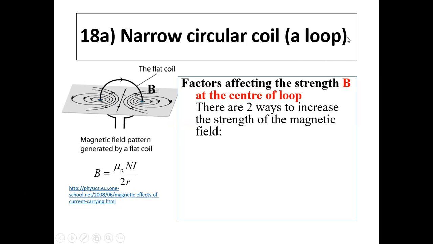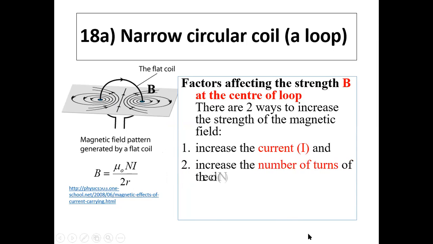So there are two ways we can increase the field strength B. Increase the current: all depend on current, greater current, greater field. Increase the number of turns: each turn will contribute to B, so N turns will contribute N times. Remember, R is the radius, and we are looking at the field at the center there, not other parts.